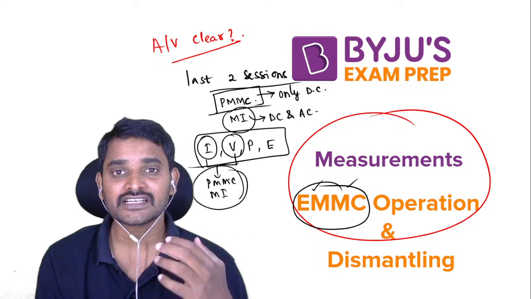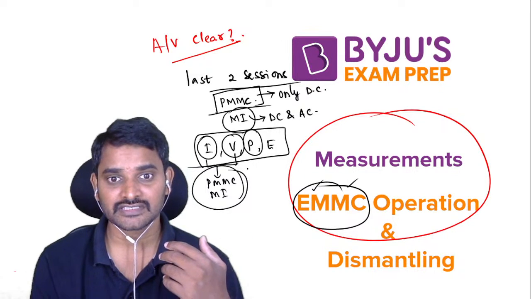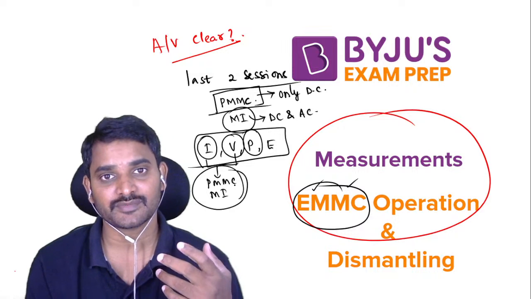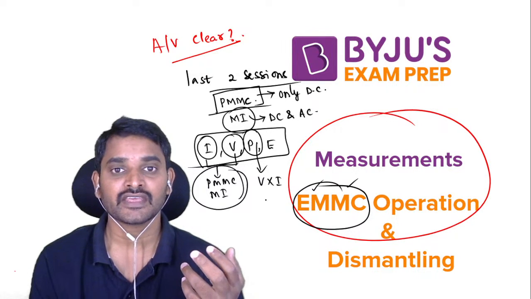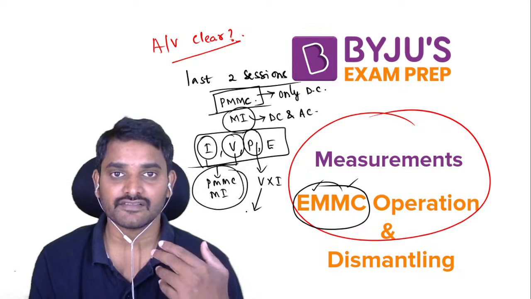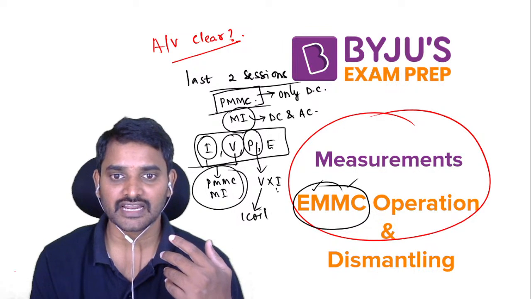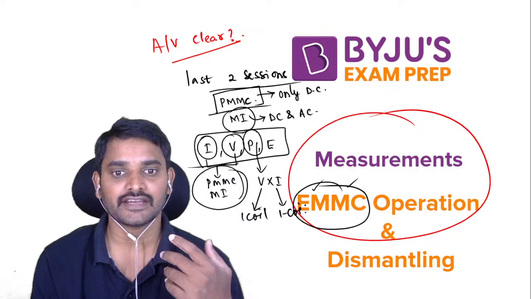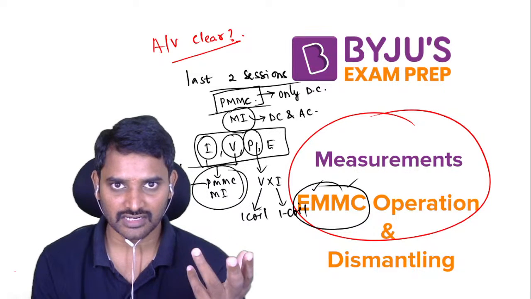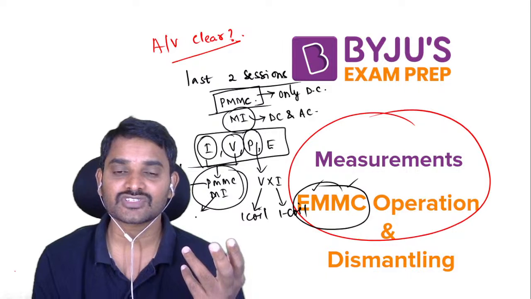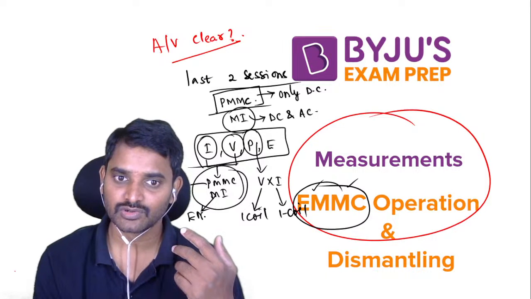Now when it comes to power measurement, EMI instrument cannot measure power because power has two quantities. It's a product of voltage and current. To measure voltage we need one coil, and to measure current we need one more coil. If you see PMMC, there is only one coil, which is a rectangular aluminum frame, and in EMI instrument there is an electromagnet, which is also only one coil.